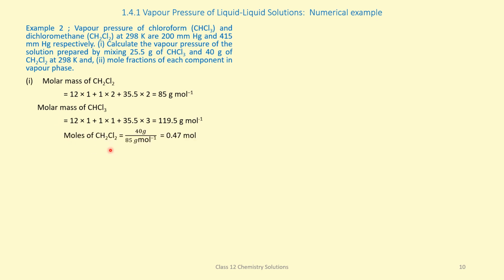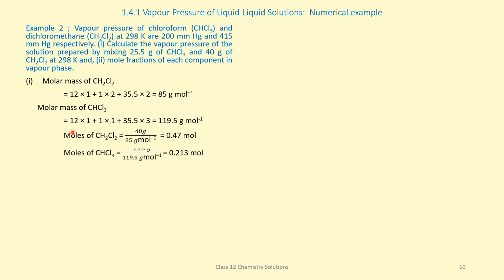Therefore, moles of CH2Cl2 equals 40 grams, which is given in the question, divided by 85 grams per mole. This becomes 0.47 mole.